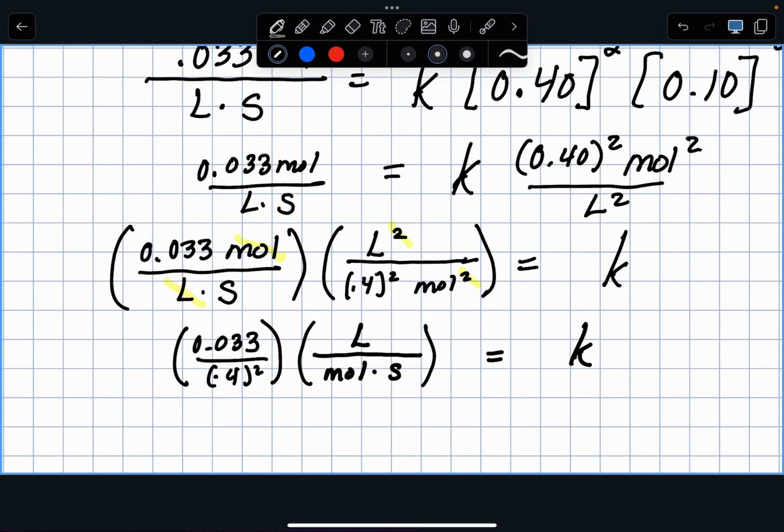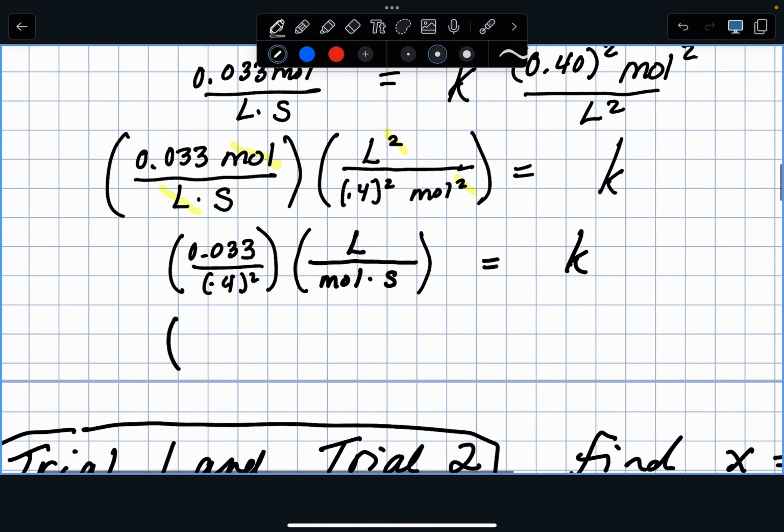And then that's going to be K. And I want to solve for this in 2 separate steps. This part will equal 0.21, so there's your numerical value for K. And then the units of K are liters per mole per second.